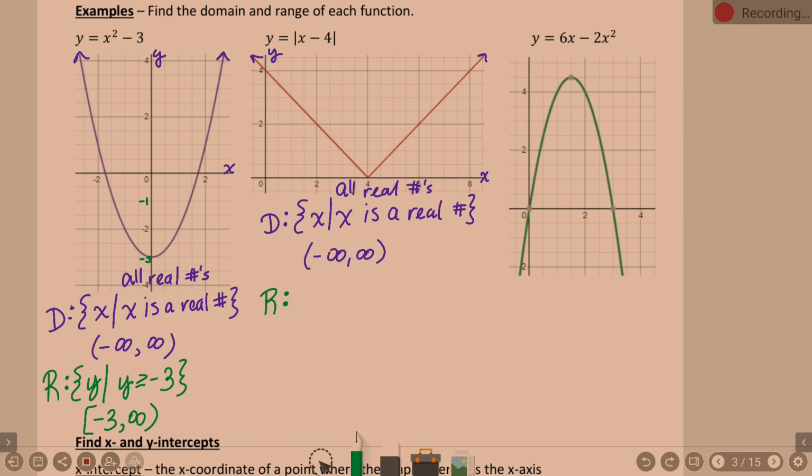Start thinking about range when you're ready. Range is the y values. Y-axis goes up and down, so now it's how low and how high does my graph go? What are you thinking? 0, infinity.